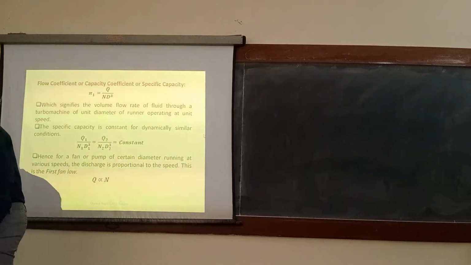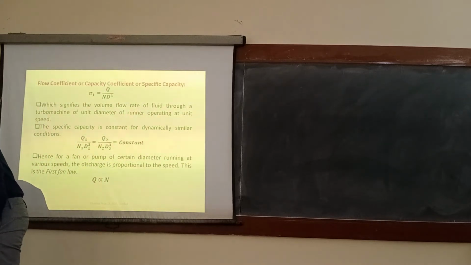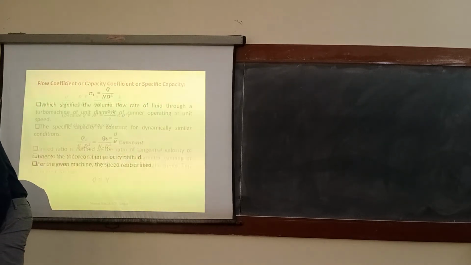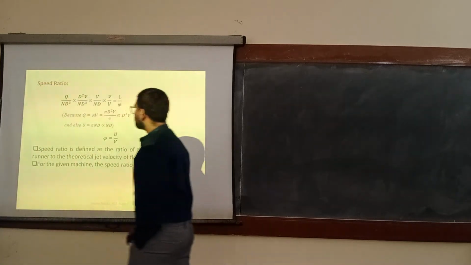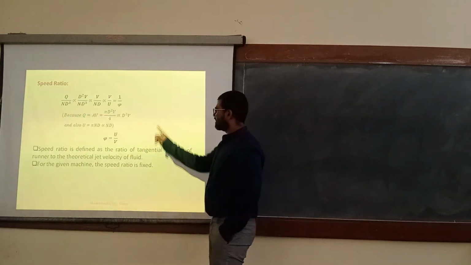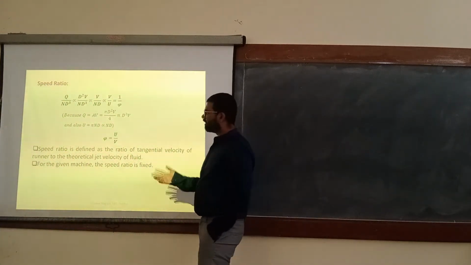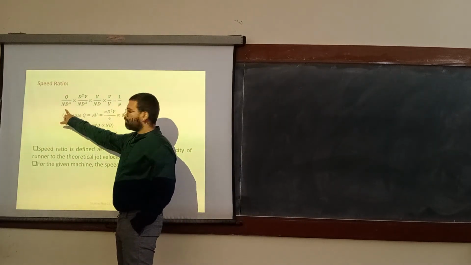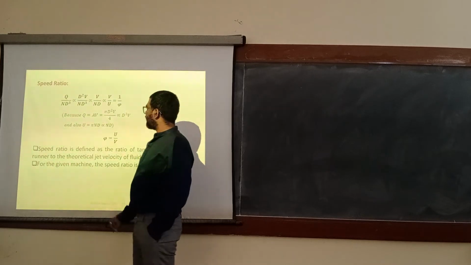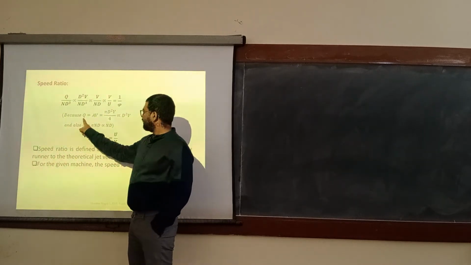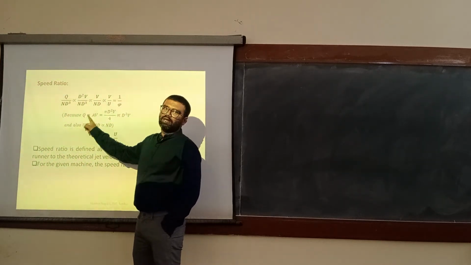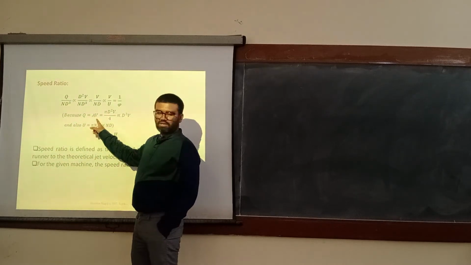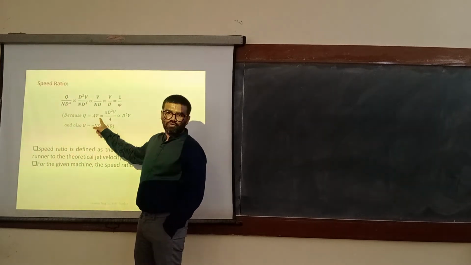Next dimensionless term is the speed ratio. The speed ratio is derived from the flow coefficient only. We know the flow coefficient is Q divided by N D cubed. Q, the flow through a circular pipe, can be written as area into velocity.